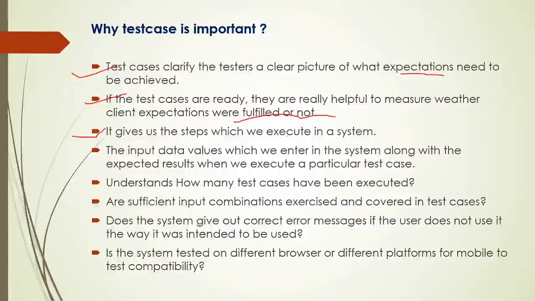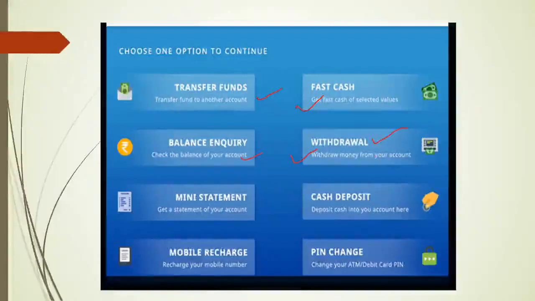Next, the input data values which we enter in the system, along with the expected results when we execute a particular test case. As I told you, input data is very important here. Take the example of the withdrawal functionality. Sometimes we enter valid input, sometimes we enter wrong data.